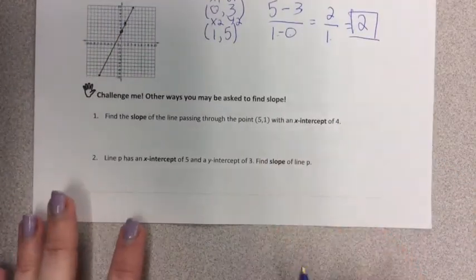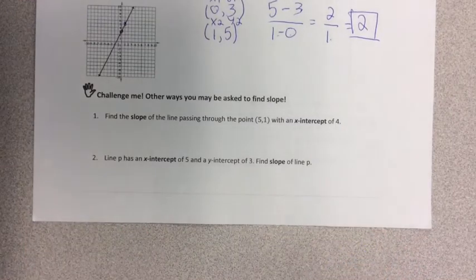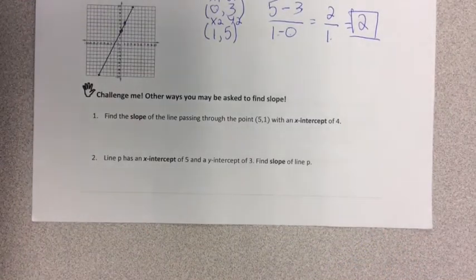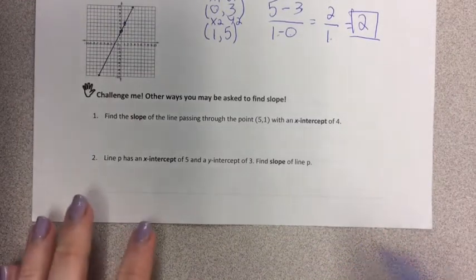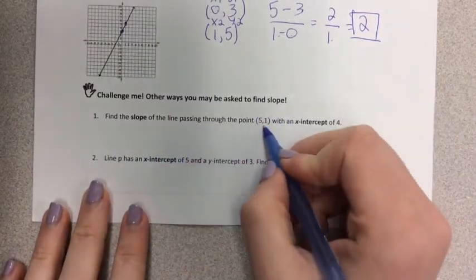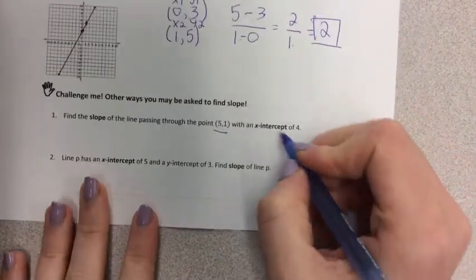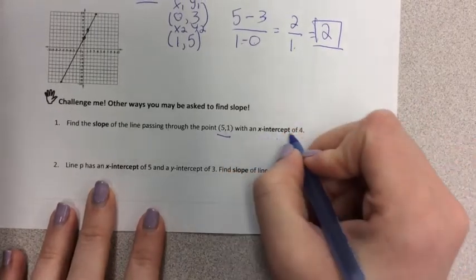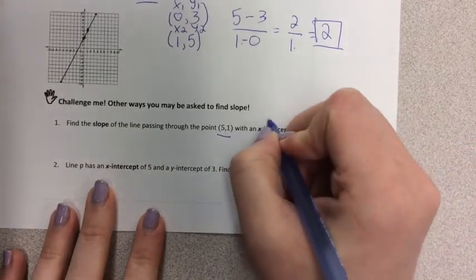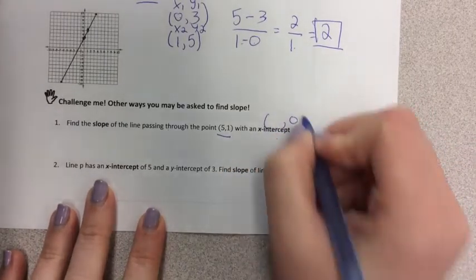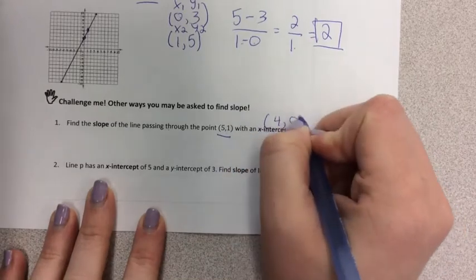Alright, so looking at some challenge problems. This one says find the slope of the line passing through the point (5, 1) with an x-intercept of 4. We know that at the x-intercept, y is equal to 0, so then our x must be equal to 4.